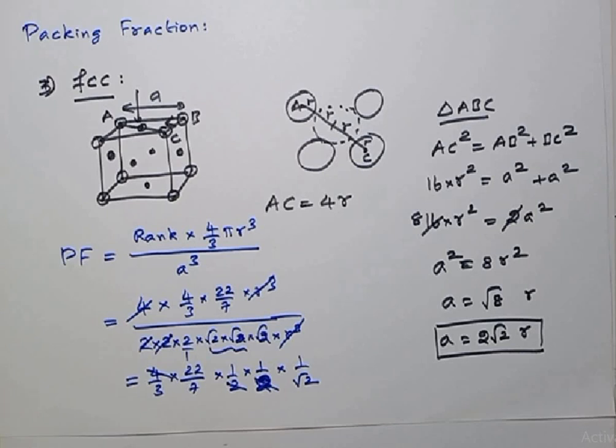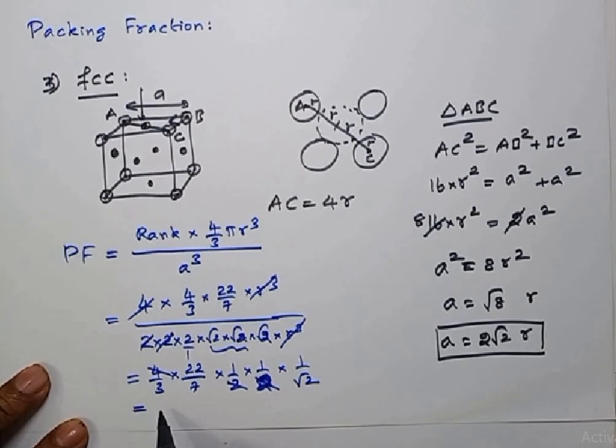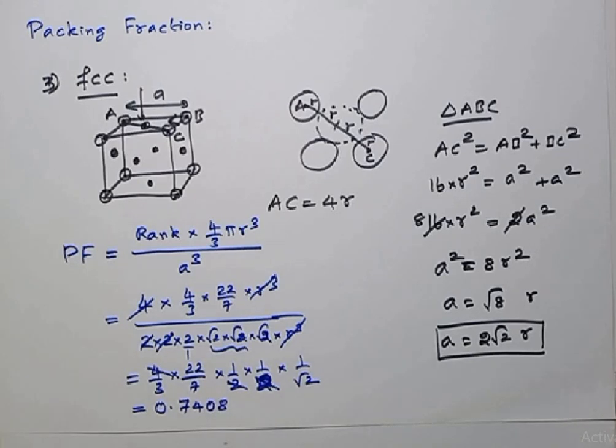Let me give you the exact value: 22 by 21 divided by root 2. Root 2 is 1.414. It comes as 0.7408. You will get 0.7408 packing fraction.